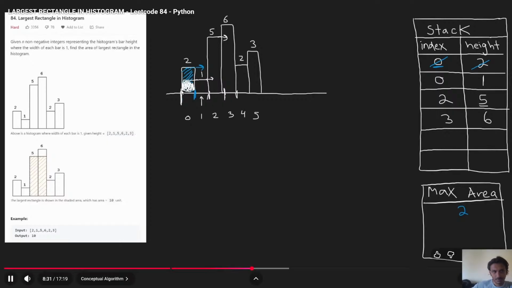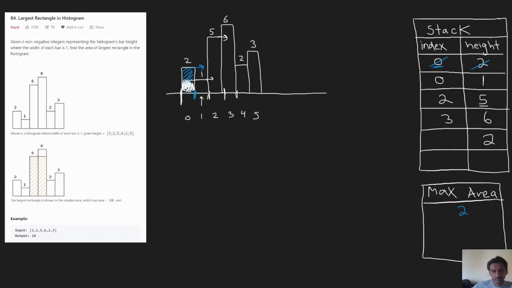At this index 4 we have a height 2. The problem is this 6 now can't go any farther. We reached a 2. So this 6, which started at index 3 over here, ended up stopping at index 4. That means its width was only 1. So we have to pop it now, but before we pop it, let's get the area that it could have made.